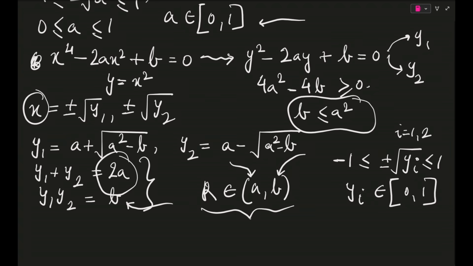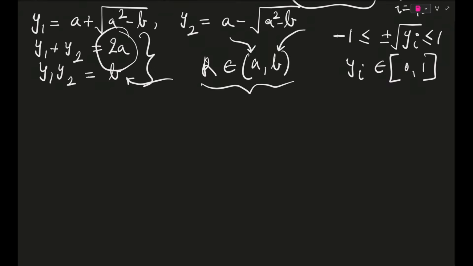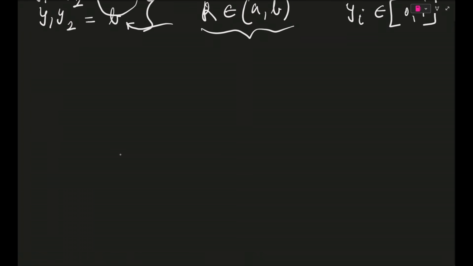Okay, so guys, proceeding from here, first thing is our a has been defined in between 0 to 1. And now y1 plus y2 is 2a and yi belongs to 0 to 1. This is the current scenario. So I guess we have to define this piecewise. To define this piecewise, we need a logic on what bounds of a we will consider to find b.